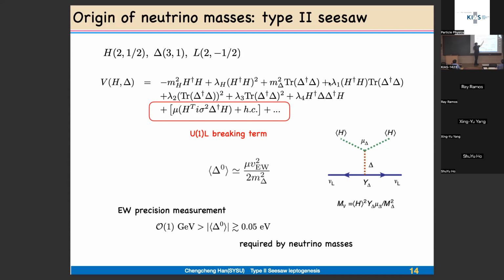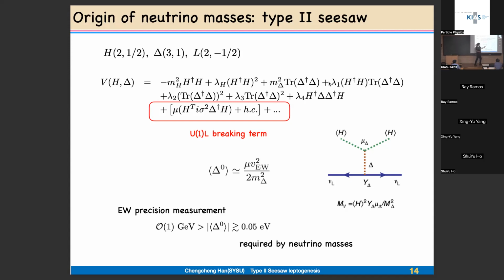But this operator is dimension 3, and the mu parameter here is dimension 4. Because the Higgs has no lepton charge and delta has lepton charge -2, this term breaks the global U(1)_L symmetry. Because of this term, the neutrino will get mass, since we must break the lepton symmetry. This is the origin of the breaking of the lepton symmetry.